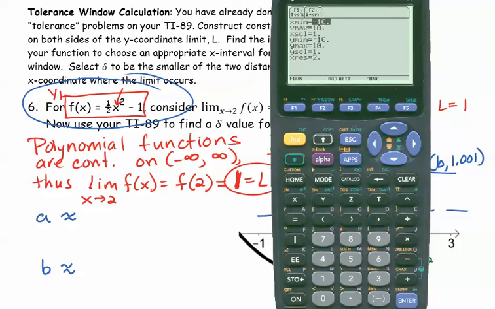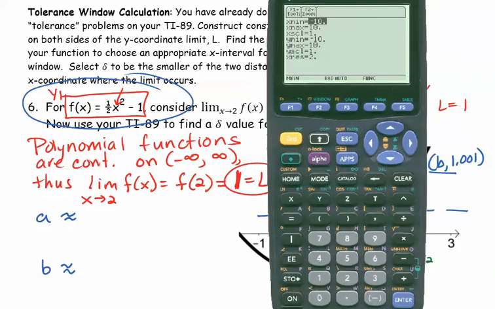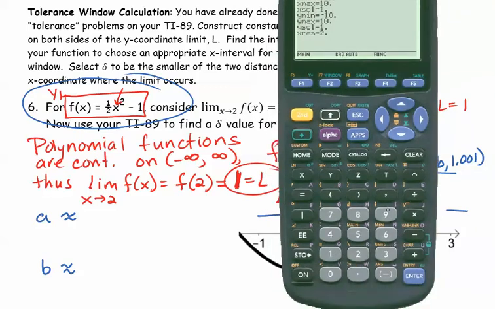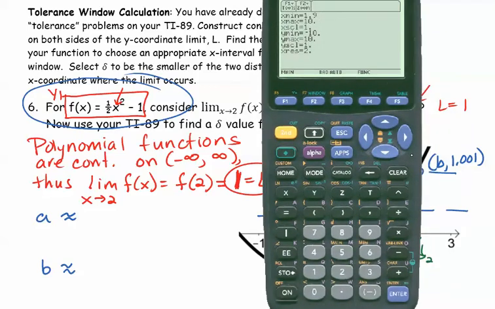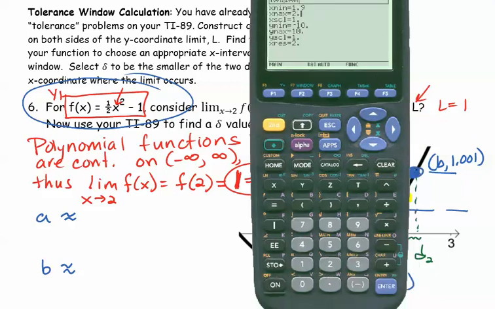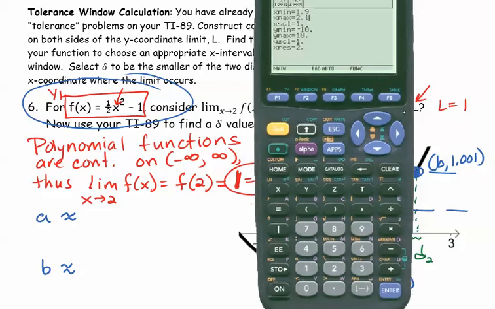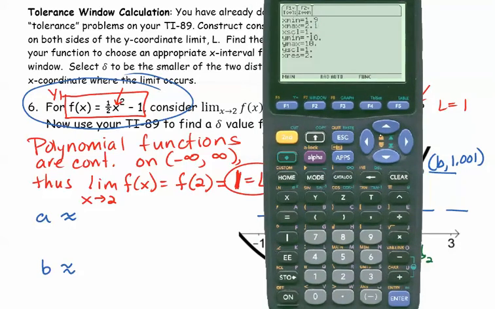And for our x-min and x-max, we're not exactly sure, but we know we want it to be very close to 2. So I might put, for my x-min, 1.9. My calculator's jumping around, sorry. And if I go down to the x-max, let's go to 2.1. That might be much wider than we want.